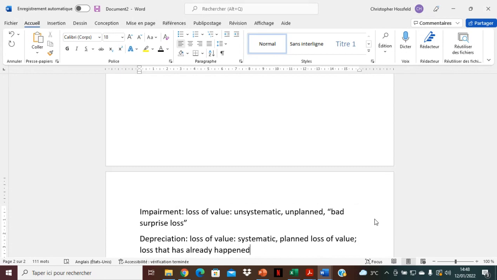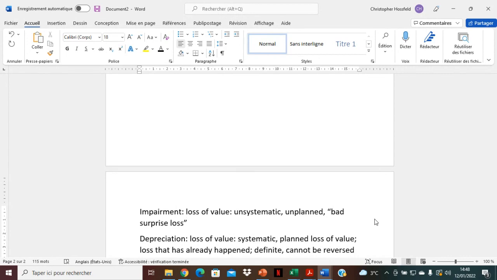Because during the year I used the asset, it's a loss of value that has already happened. That means it's a loss of value that is definite, which means it cannot be reversed. It's done. On December 31st, the loss is there, and you cannot come back on this.